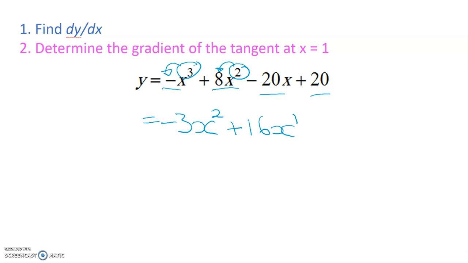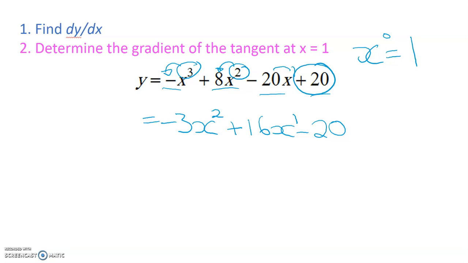Now you don't have to put a 1 there, because anything without a power automatically is to the power of 1, but you can if it helps you. The negative 20x is the last term we're going to do, because as you can see, this power is 1, so 1 times negative 20 is negative 20. And if I reduce this 1, I get 0, and x to the power of 0, or anything to the power of 0, just equals 1, so it disappears.